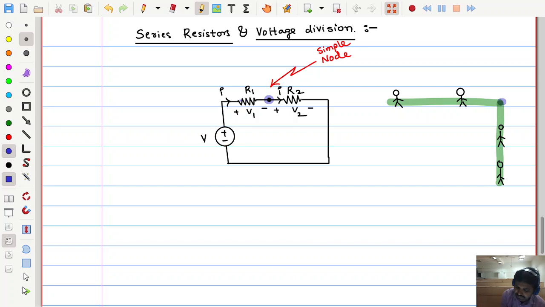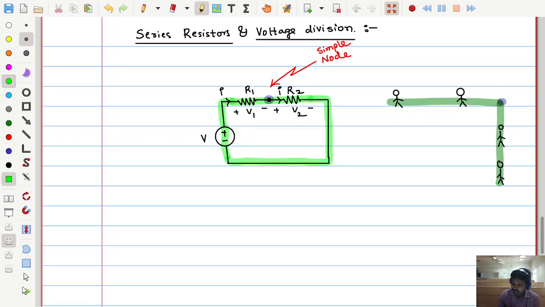See here, I have one traveling path in this way. So I can say these entire things are connected in series. After reaching this point, I can still move. You can imagine this as something like a road. The current will also pass in this way like your journey.